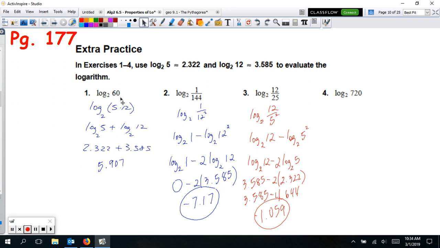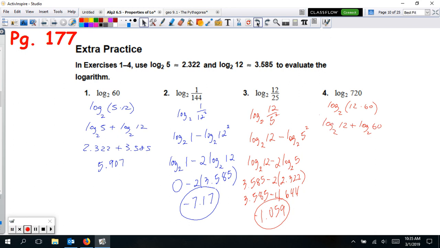So it's like 60 times 12 would give you 720. So we could think of it as 5 times 12 times 12, or 5 times 12 squared. So I start off with the 60 there. And since we already know what 60 is, we know 60 is this number, 5.907. So since I already knew that, I don't have to do 12 squared. I can just do 12 times 60, since I already have that decimal over here on number 1. And I can use that.